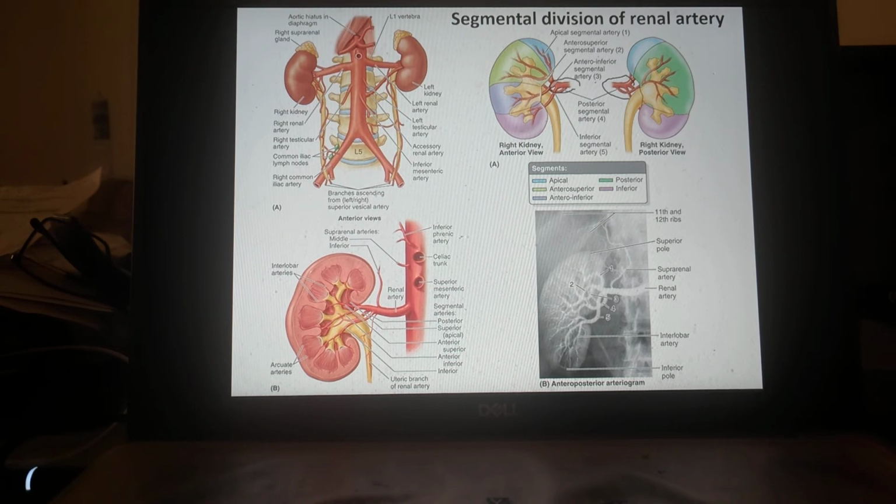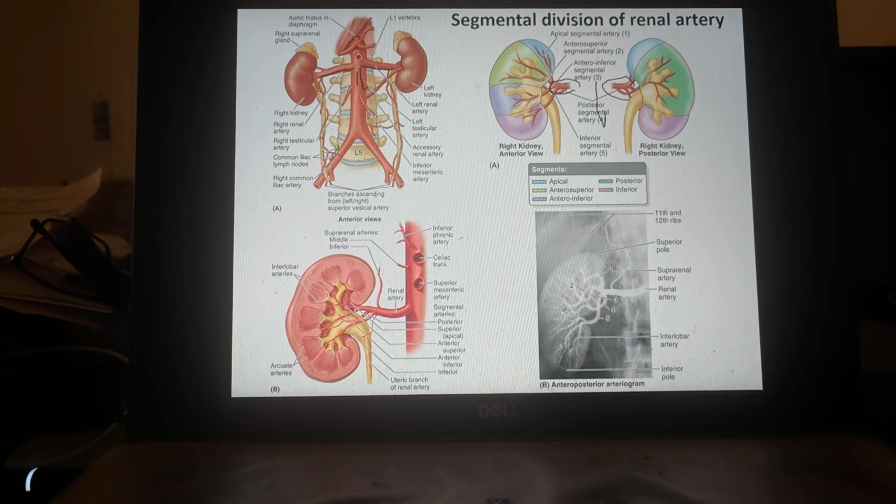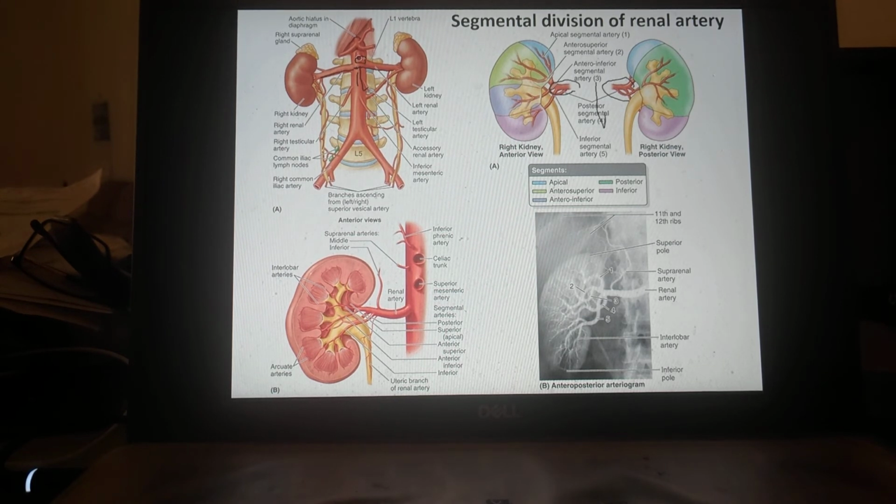The renal arteries arise from here, the left and the right renal, from the abdominal aorta at the level of the disc between L1 and L2 vertebrae. You can say L2 because here is the superior mesenteric artery at the level of L1, and here is the celiac trunk at the level of T12. So the renal arteries arise from the abdominal aorta and supply both kidneys.